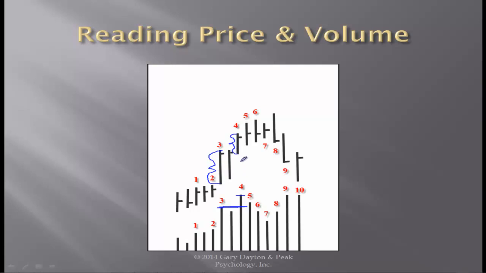But it's on more volume. So that can only mean one thing, and that is that somebody's selling into the buying. Buyers are still in control because it's an up bar closing on its highs, compared to the last bar. It's still making progress up, but it's not making as much progress up.